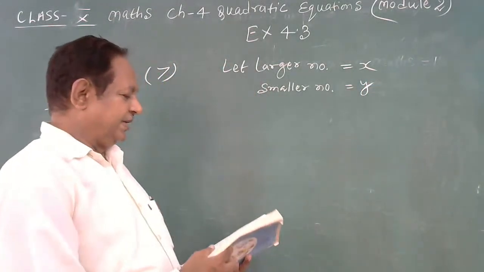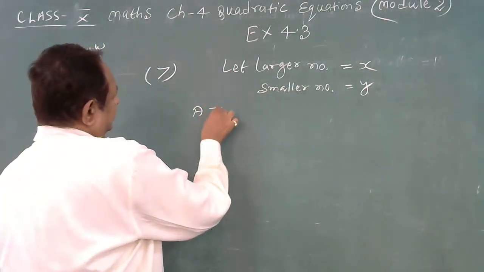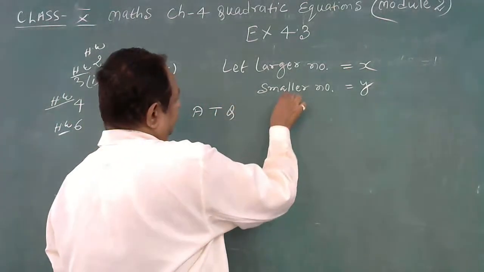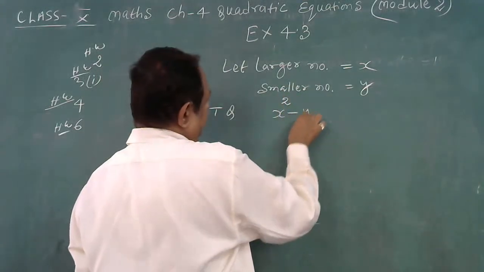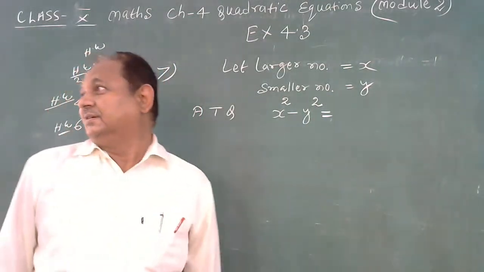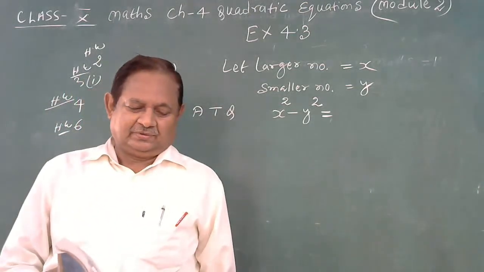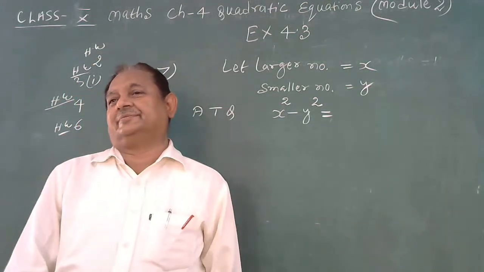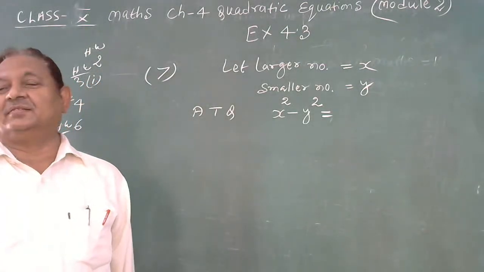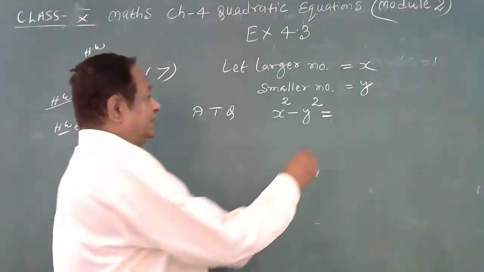The difference of squares of two numbers, according to the question: x square minus y square. The difference is always the greater number minus the smaller number, is equal to 180.